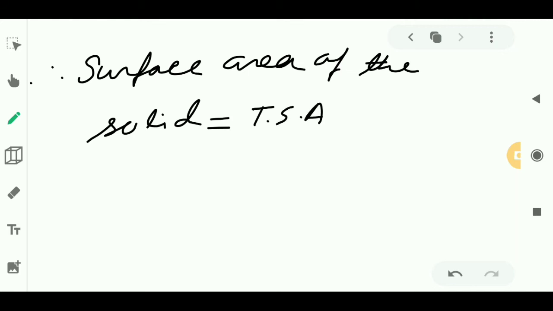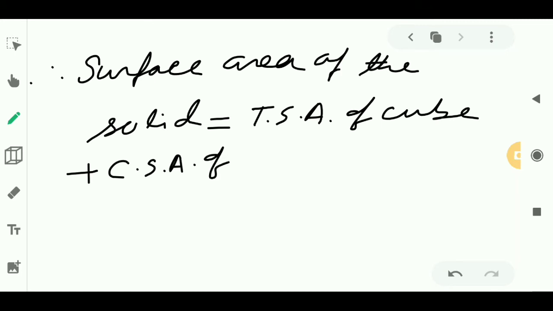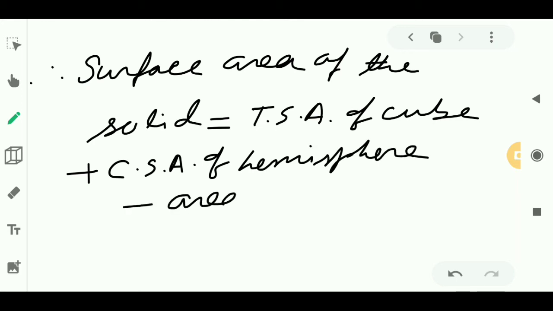TSA, the total surface area of the cube, plus the curved surface area of the hemisphere, CSA of hemisphere, minus the area of the base of the hemisphere.